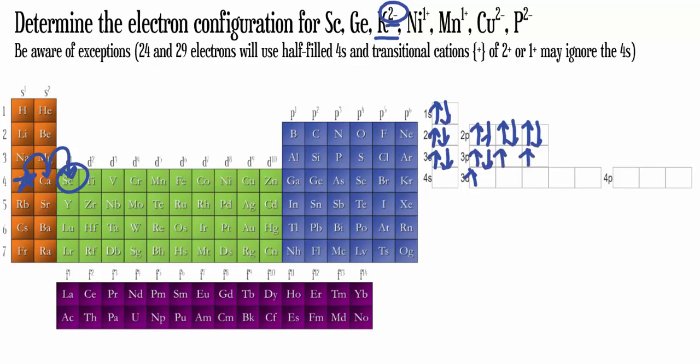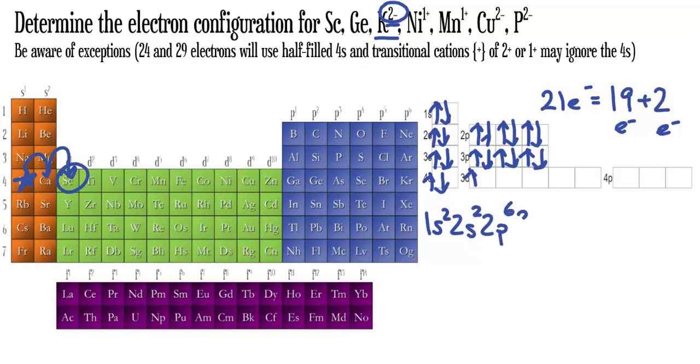Everything prior to it will have 2 electrons into each orbital. This will end up giving us 1s2, 2s2, 2p6, 3s2, 3p6, 4s2, 3d1. We have our original 19 electrons, plus the 2 additional that were giving us the -2 charge.